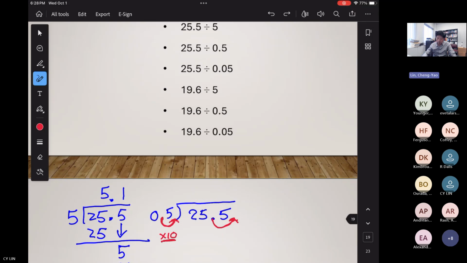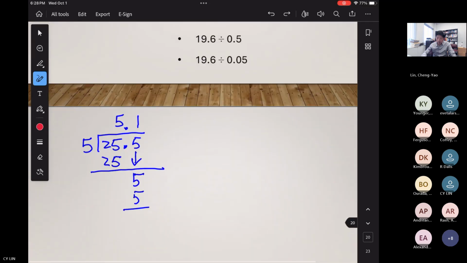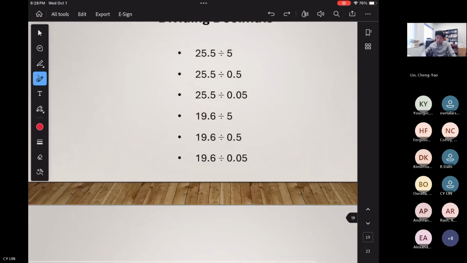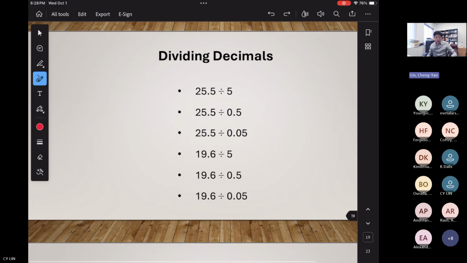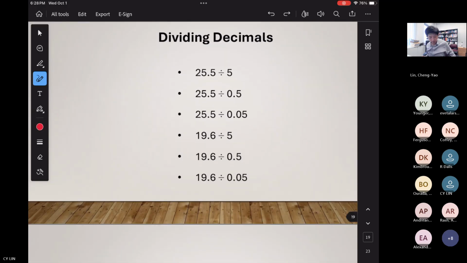And then I will go over this with you. What do you think? Do you like the new method?